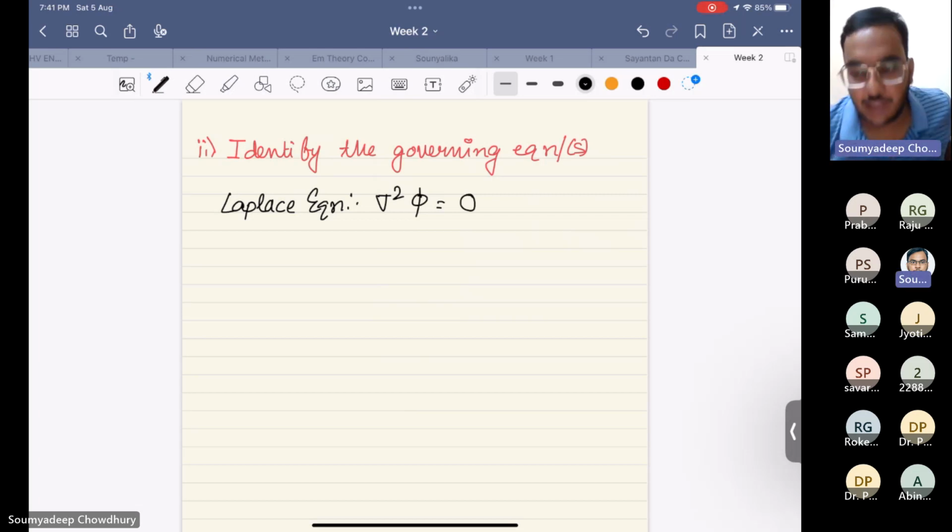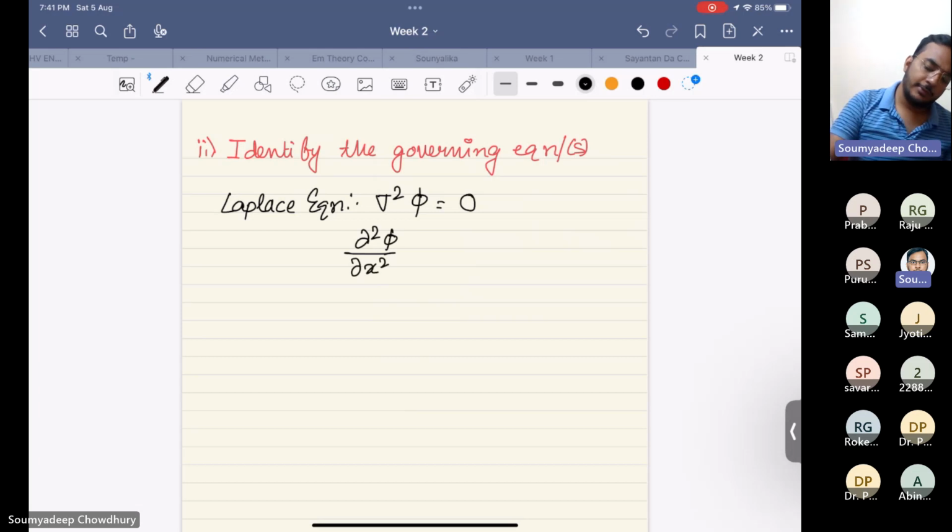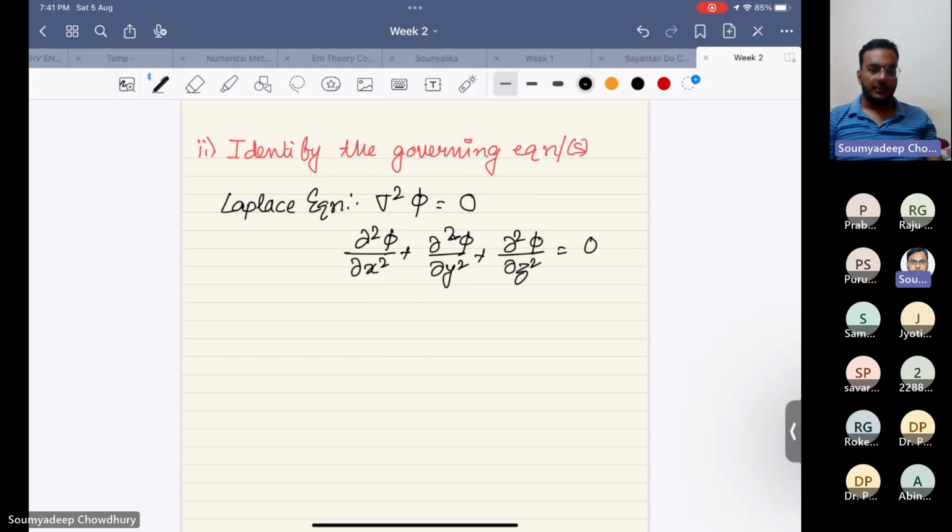Del square operator is the Laplacian operator, which in the Cartesian system reduces to dou square phi by dou x square, plus dou square phi by dou y square, plus dou square phi by dou z square, equal to 0. Okay, so this is my Laplace equation, and the right hand side is 0 here.